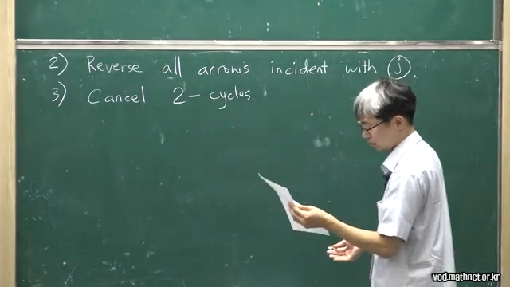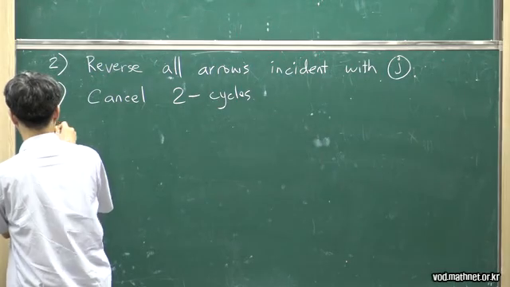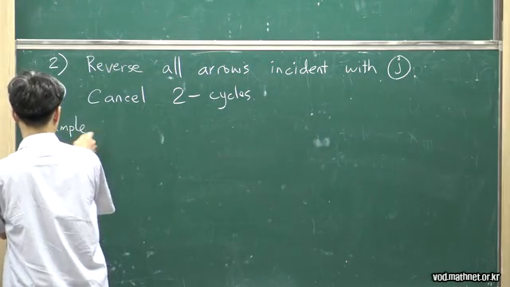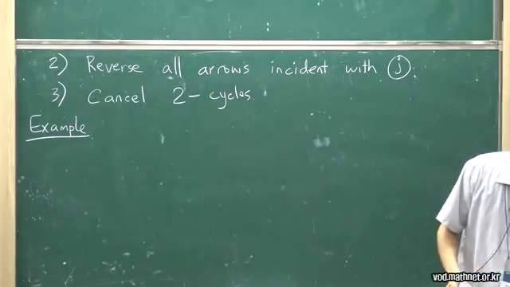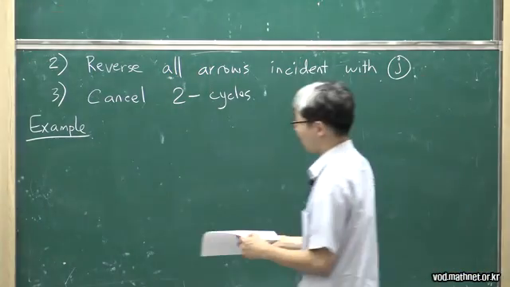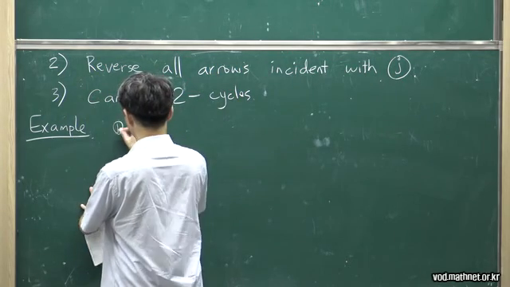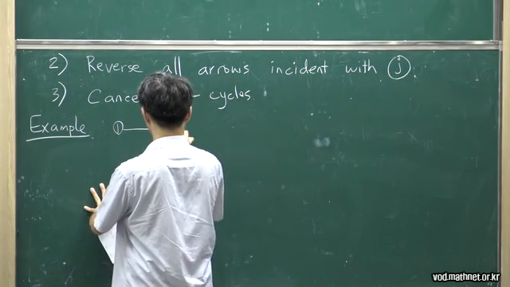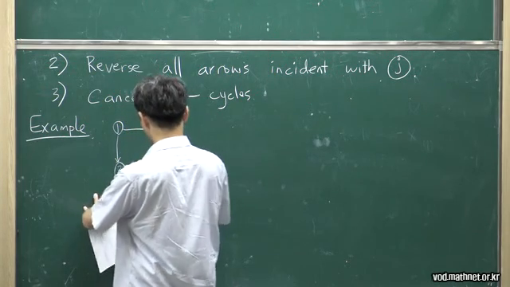Oriented cycles of length 2. Later on, I need this example, so I will draw this example here. Okay, so suppose I have a quiver with 4 vertices, like this.